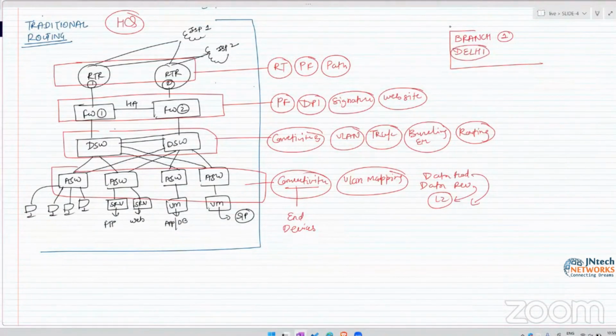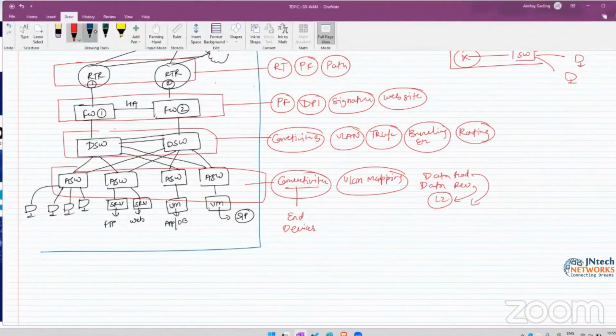In this branch we are getting a router. This router is connected with a switch, and the switch is connected with end users, some biometric devices for attendance, some other equipment, and IP phones also available. Now, how to connect this branch in traditional routing?